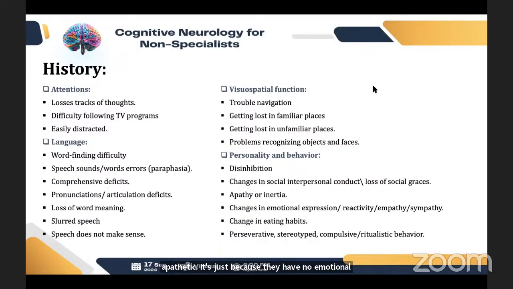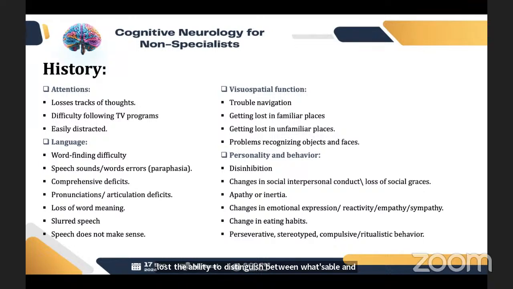Change in eating habits, especially overeating, binge eating, or eating inedible objects. I remember I had a patient who did this, again not because they are mixing up things, it's just because he lost the ability to distinguish between what's edible and inedible.